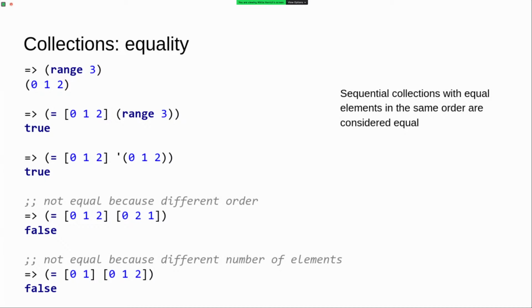First of all, equality of collections. One more thing that is very cool about Clojure is how practical the equality is. If you're familiar with the most prominent language on the JVM, Java itself, you might know how hard equality operations sometimes are, especially for collections.